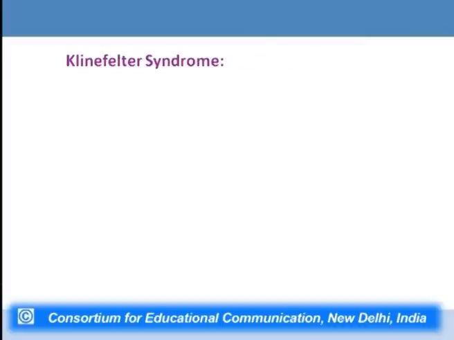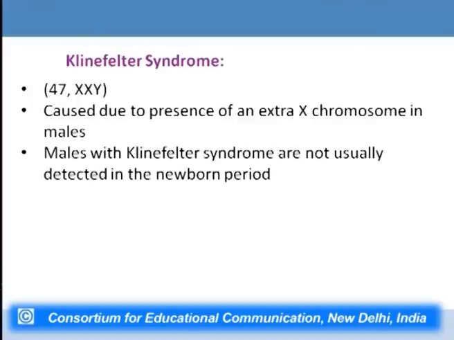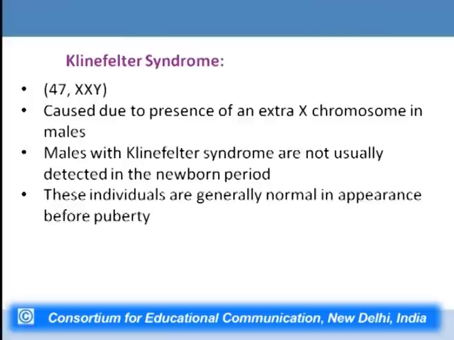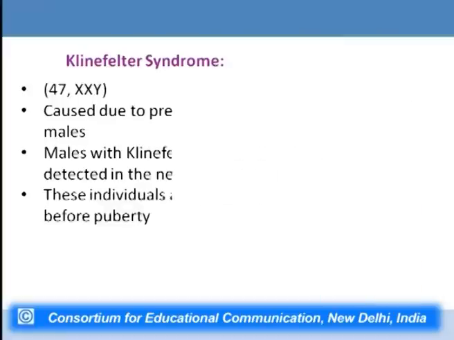So, Klinefelter syndrome is caused by the presence of an extra X chromosome in males, and males with Klinefelter syndrome are not usually detected in the newborn period, but as they grow, during puberty, they start showing specific features which can tell us that these individuals have abnormalities.